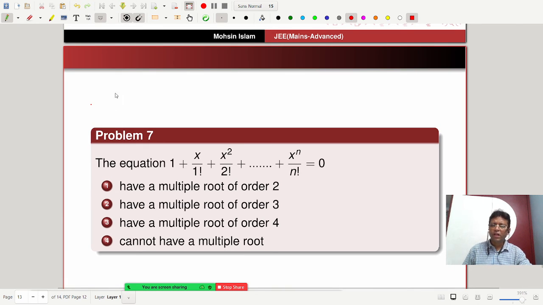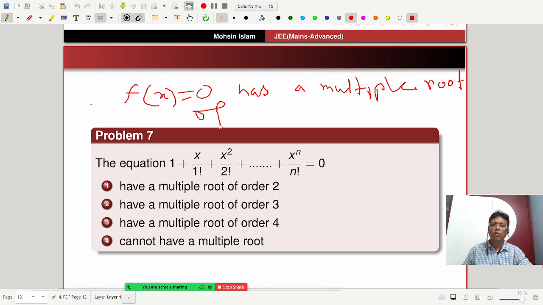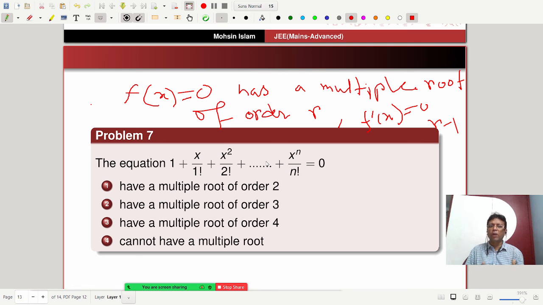Let me tell you one thing. If f(x) equal to 0, where f(x) is a polynomial, I am talking about polynomials. If f(x) equal to 0 has a multiple root alpha of order r, then f prime x equal to 0, that is the derived polynomial, must have a multiple root of order r minus 1. So its multiple root order will decrease by 1. Multiple roots means repeated roots, that means alpha, alpha, alpha, r times; then f prime x equal to 0 must have the root alpha repeated r minus 1 times.